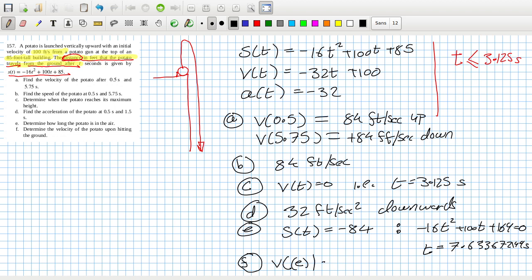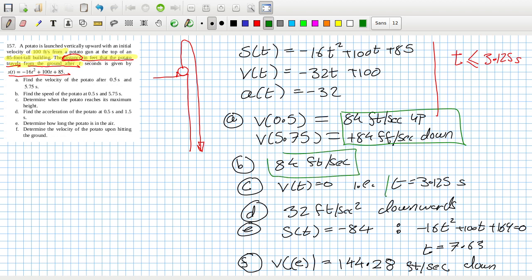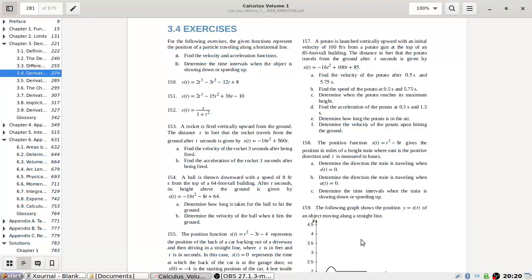So that's equal to 144.28 feet per second down. Right, all right. That's A, B, C, D, E, and F. Let's check the answer for 157.